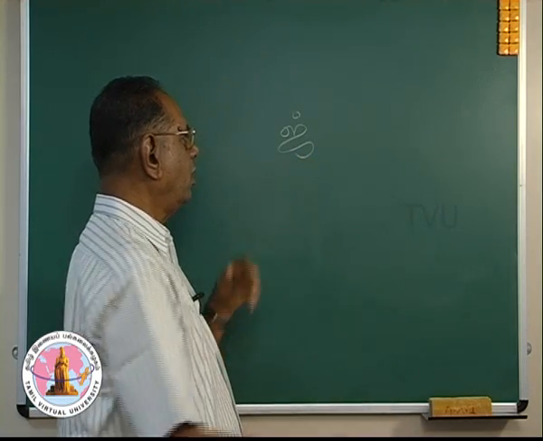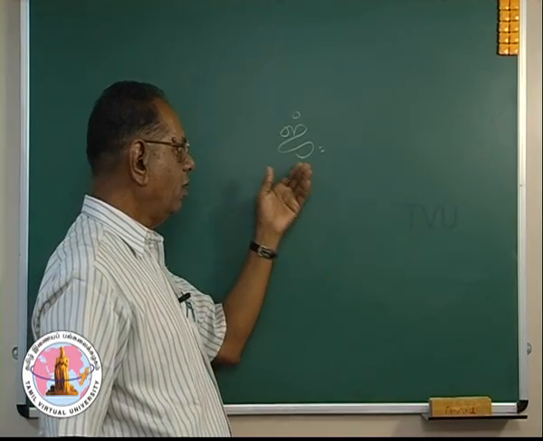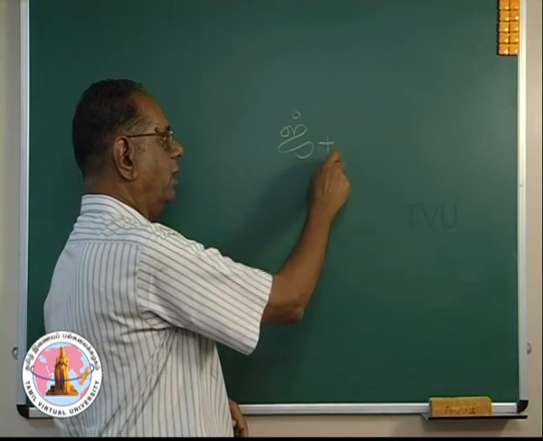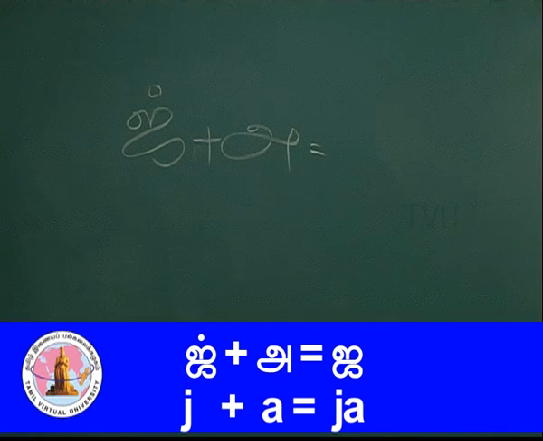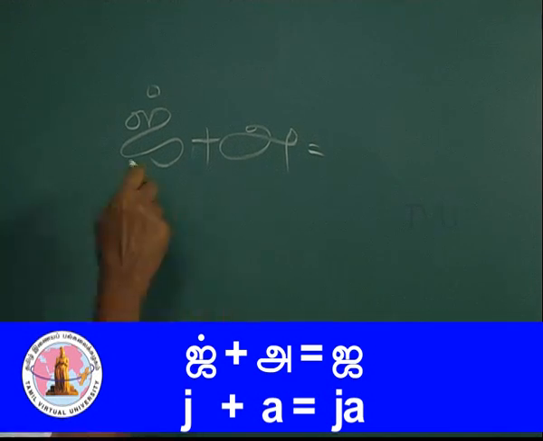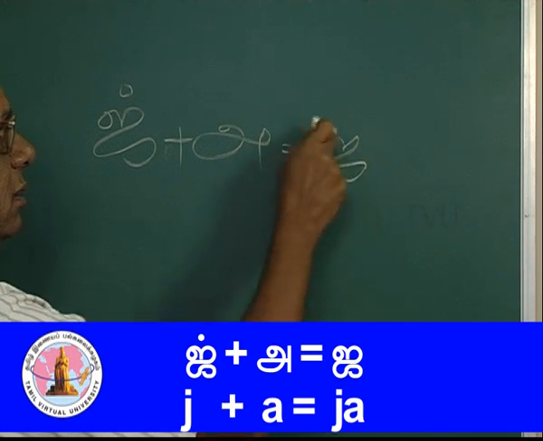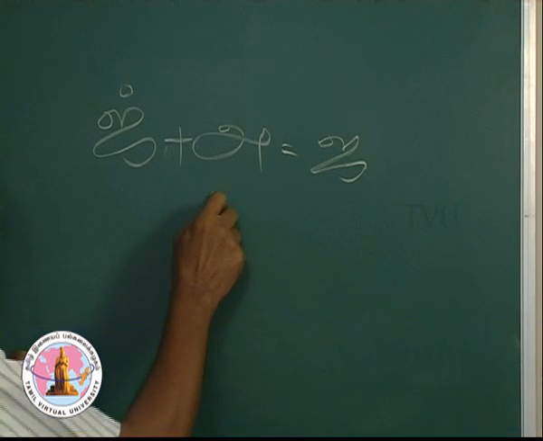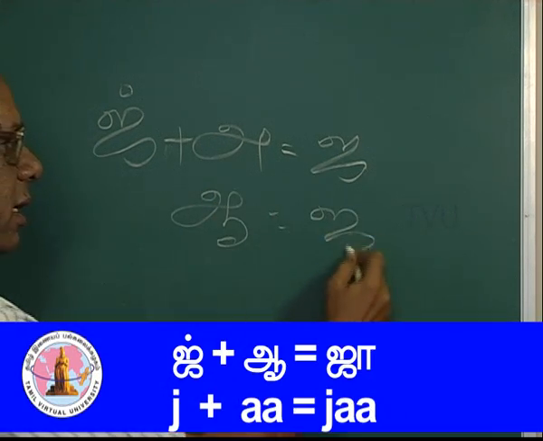So, you put a dot above and it becomes a consonant. A consonant necessarily takes a vowel so that it can be pronounced easily. J plus a, ja. And the next vowel is a, so it has to take a marker.